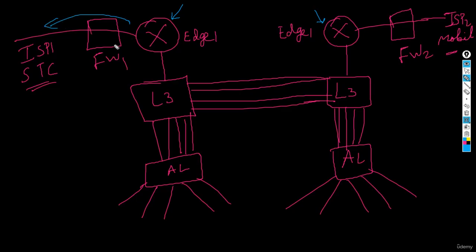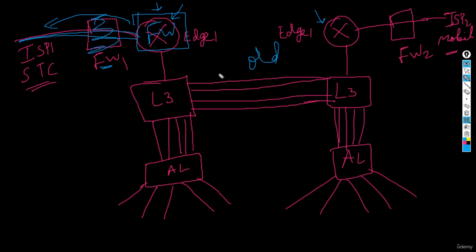But some companies don't have the budget to buy the router and this firewall. So instead of keeping the edge router here, they will put only the firewall. They will have only one firewall, nothing here. Directly it will connect to the ISP. Because in old times firewalls did not support BGP and other protocols.